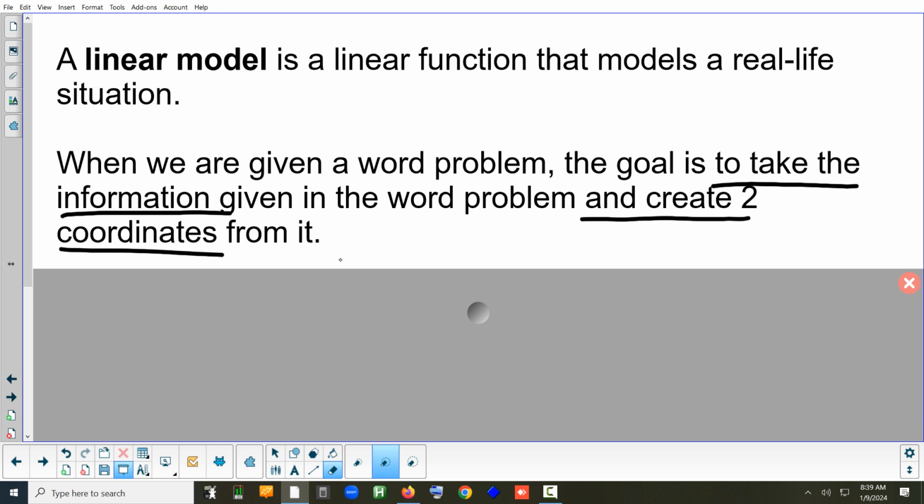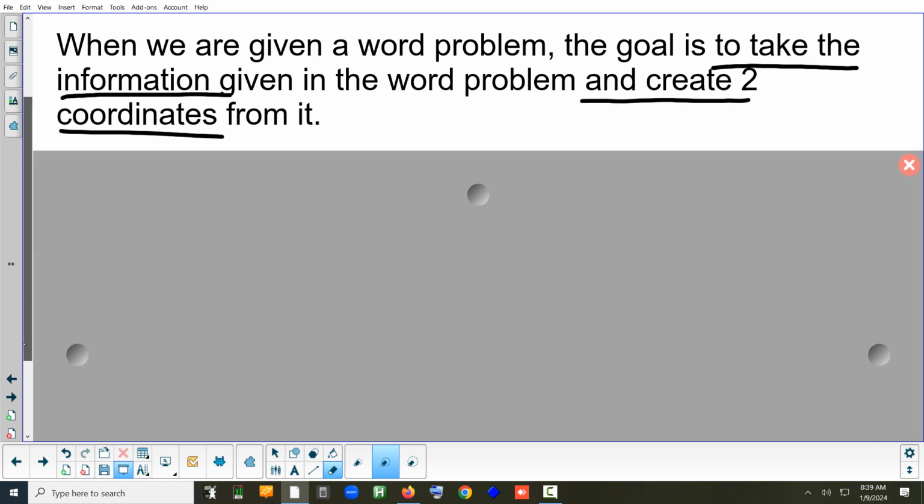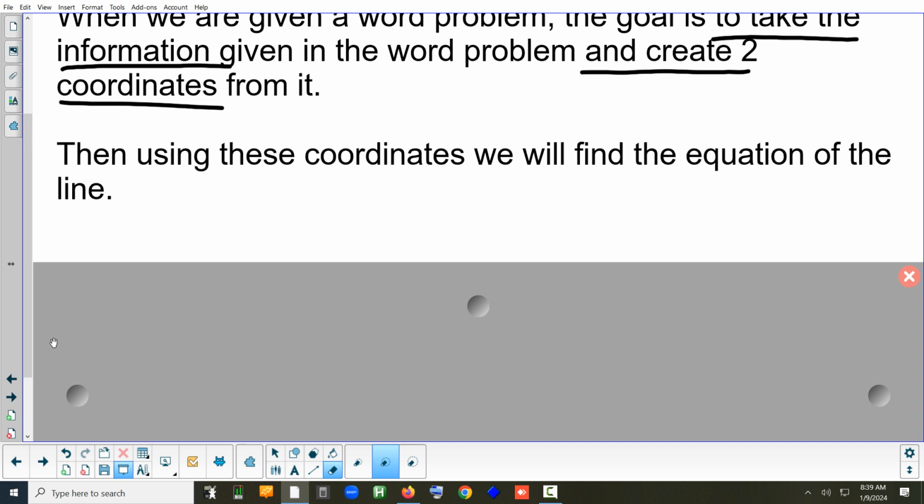Okay, does everybody have that part? The goal is to take the information and create two coordinates. Okay. And then the last bullet says, then using these coordinates, we will find the equation. So using the coordinates, we're going to find the equation. That means we're going to have to do the y2 minus y1 over x2 minus x1.